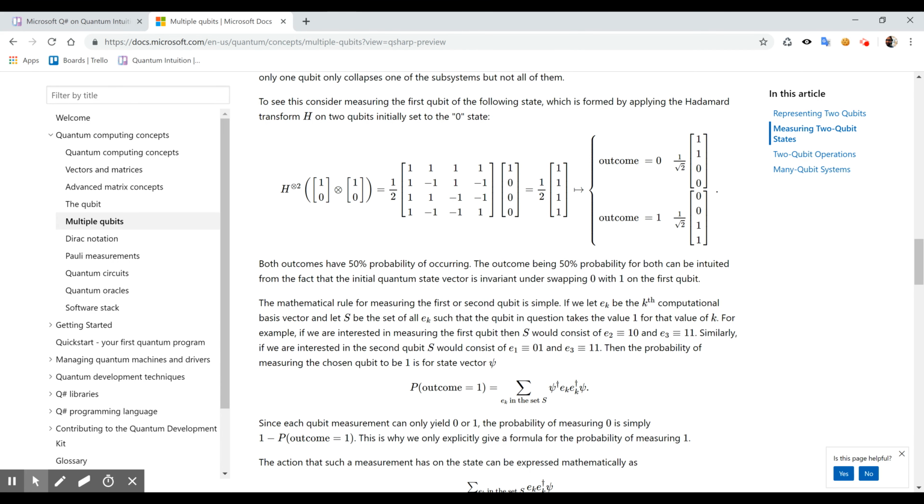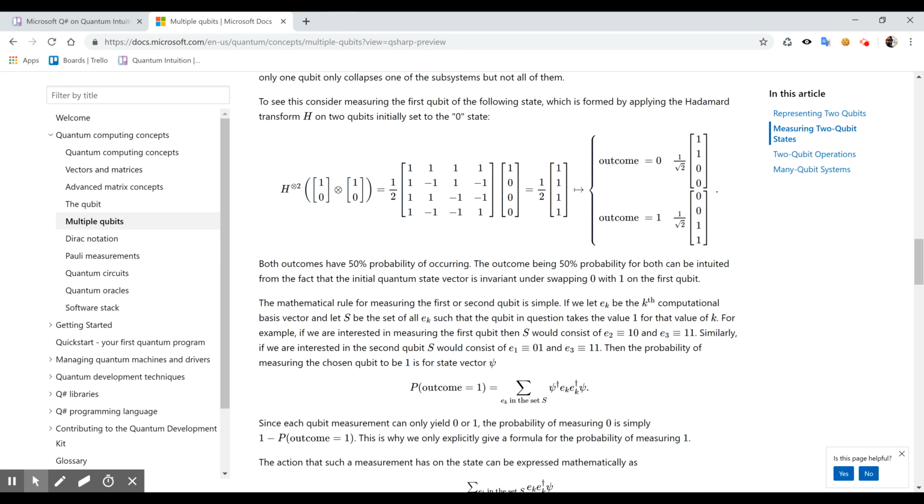I get it. So we're basically saying if you measure the first qubit and it's 0, then you end up with the following. If you measure the first qubit only, that is already transforming the possible outcomes of the system.